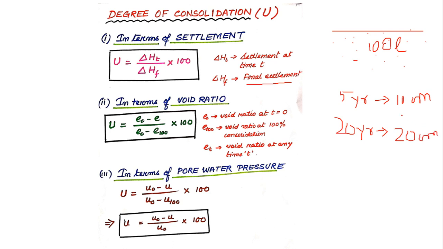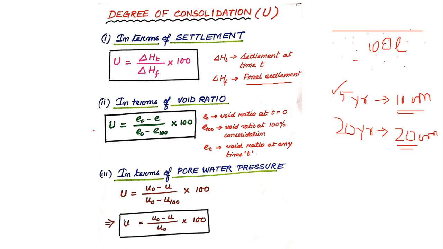So in this case del HT will be 10 centimeters, that is at any time t it is 10, and del HF, that is the final settlement, will be equal to 20. So degree of consolidation will be 10 by 20 into 100, that means it is 50% at time t equal to 5 years. Okay. So this was in terms of settlement.